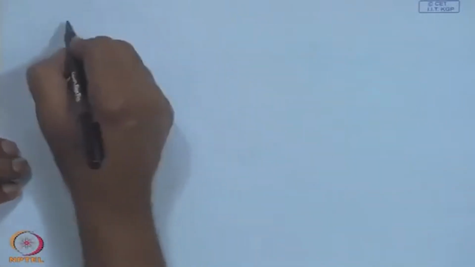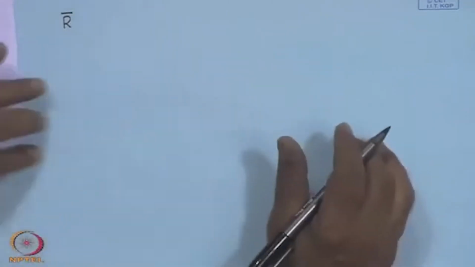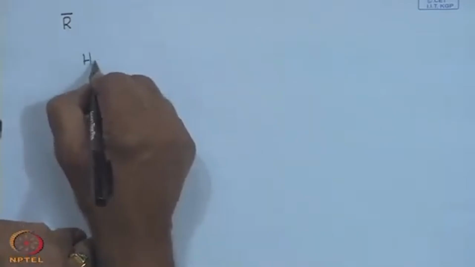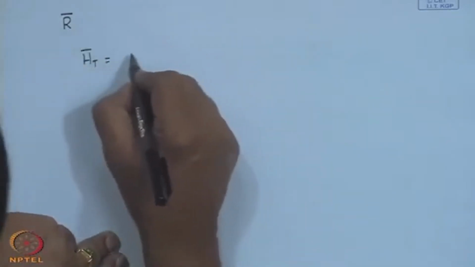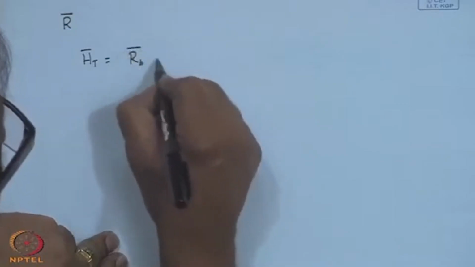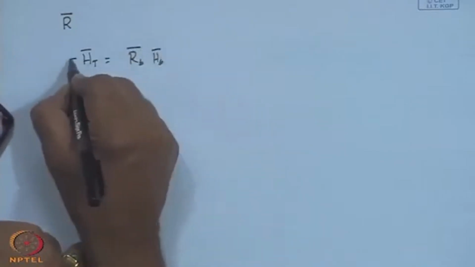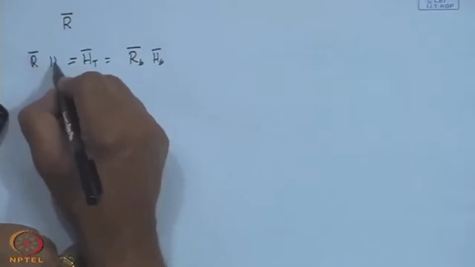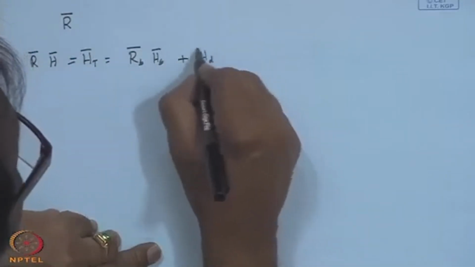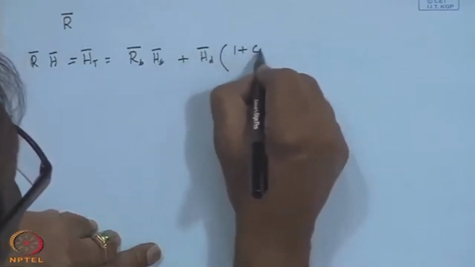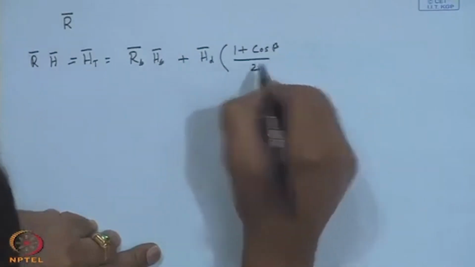And your R bar for the entire radiation: H_T bar equals R_b bar H_b bar, which is R bar H bar for the sake of completeness, plus H_d bar times (1 plus cos beta) by 2.